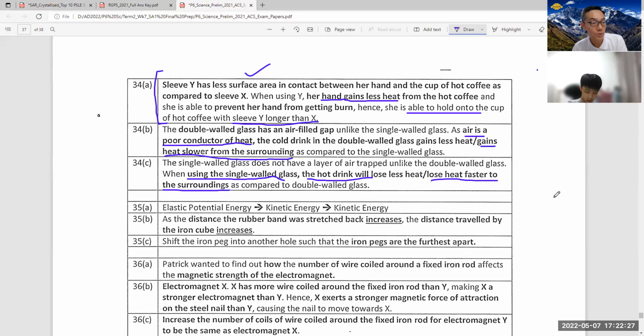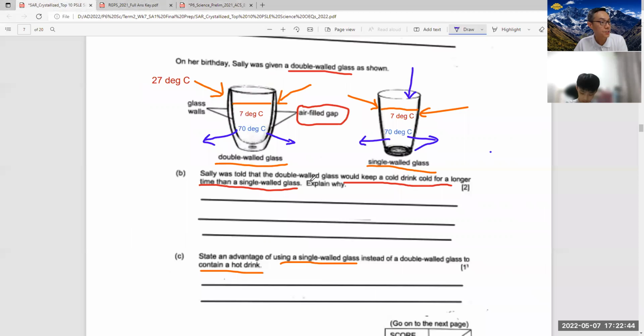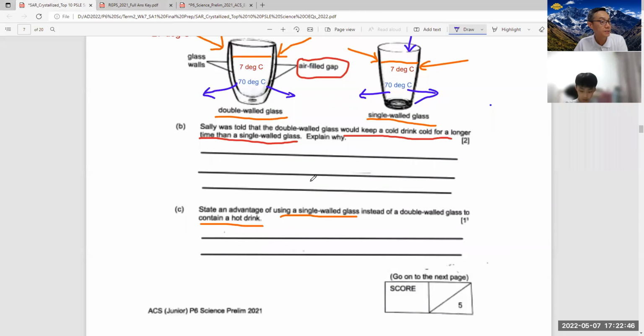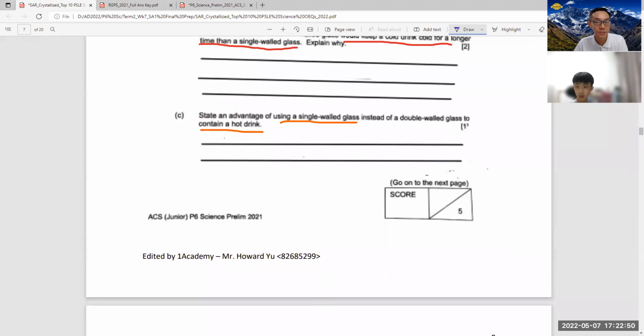This part I would screenshot and then send to you later after the recording has paused. So this is the answer key for these questions, which I've just explained. And then I will go on to the next question shortly.